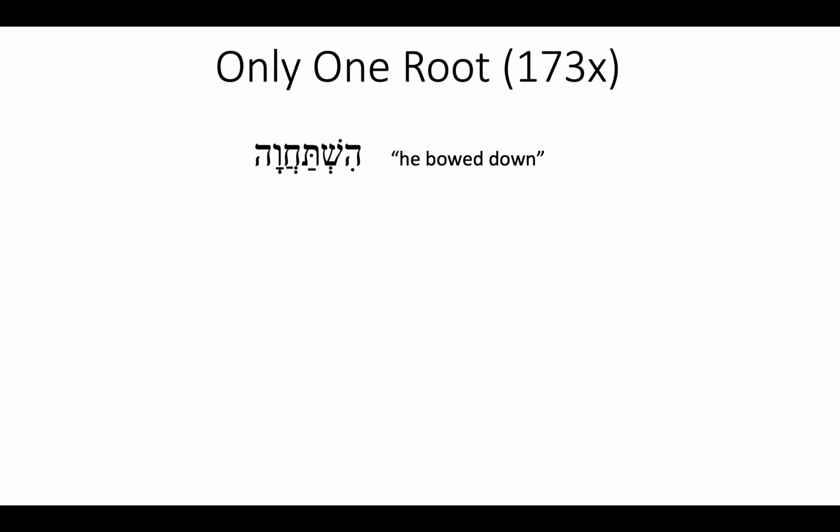In one way, that's really fortunate because this is sort of just a verb on its own, and it means to bow down. So he bowed down would look like this: Hishtahave, or Hishtahava, excuse me.